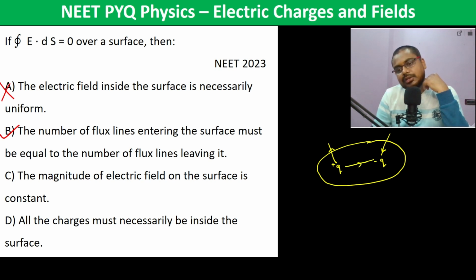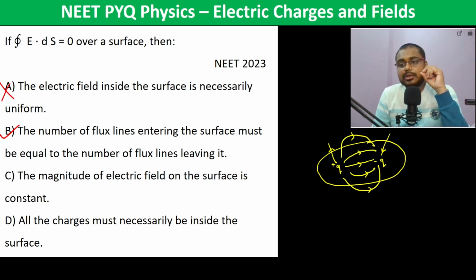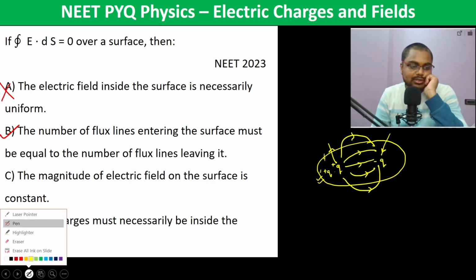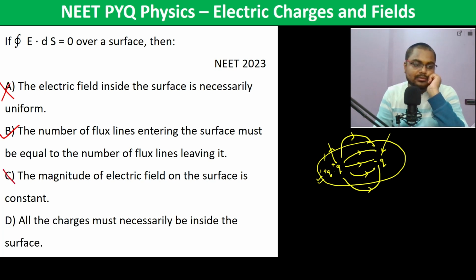These are the field lines happening like this. So we can see that the electric field need not be uniform over the surface. If it is nearer to the edge, the electric field will be more here and less there, and so on. So C is also not the correct option.